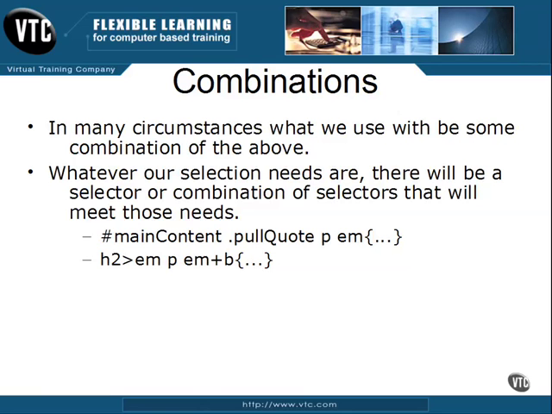So what this rule would do is select all B tags that have an emphasis sibling that's contained inside of a paragraph that's contained inside of an emphasis tag that is the direct descendant of an H2 tag.